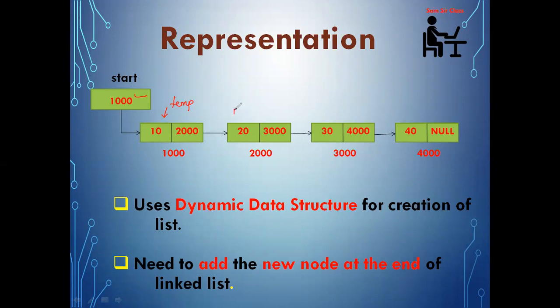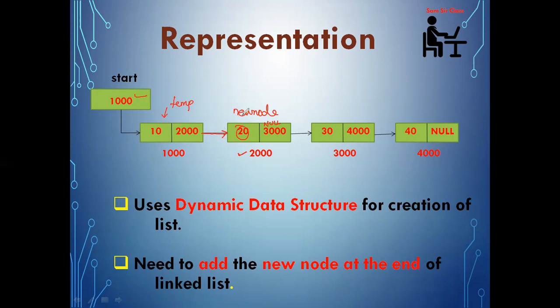So I'll create a new node. The memory will be allocated, value will be given as input, and then the address, suppose I am keeping as null initially. Then I have the address of the first node with temp. Now the temp next, I'll keep the new node, so that the first node will be connected to the second node.